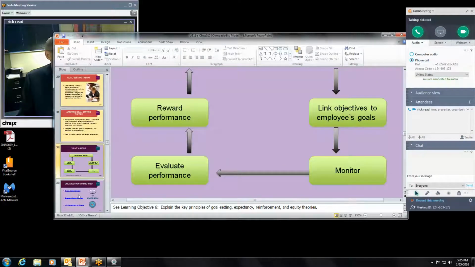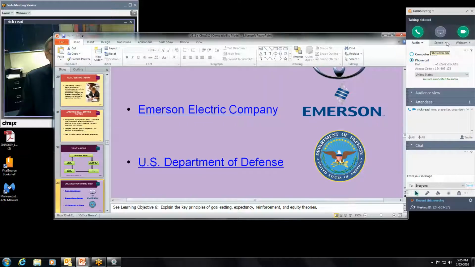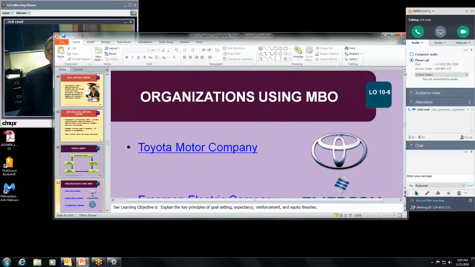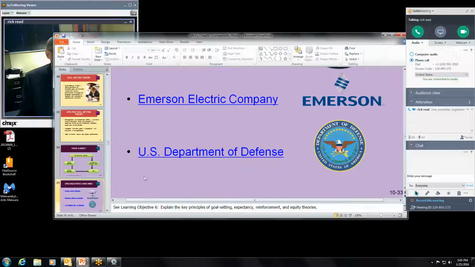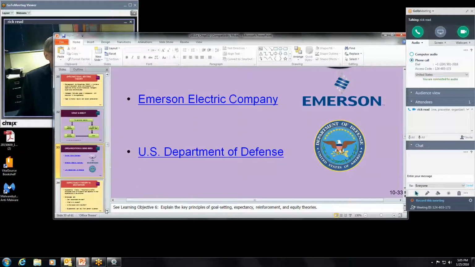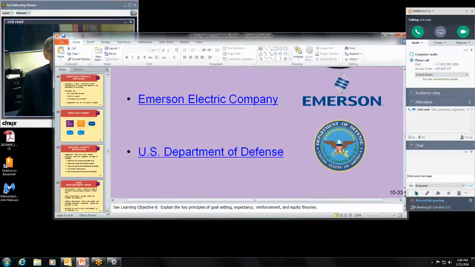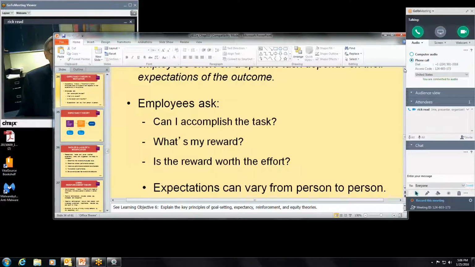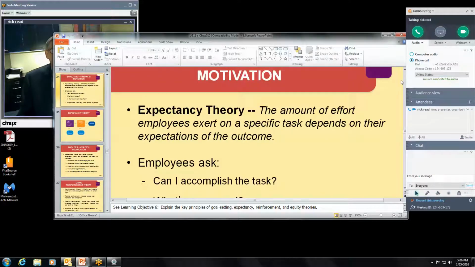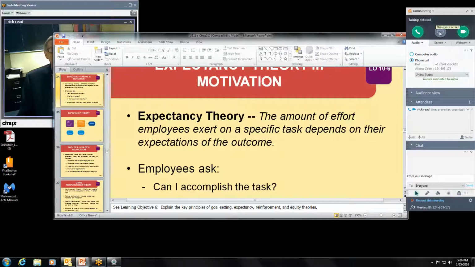I want to skip back for who uses MBO: Toyota, Emerson Electric, Department of Defense, and there are others. These are the ones that are highlighted by that. And here we are at another motivation theory, and that's expectancy theory.